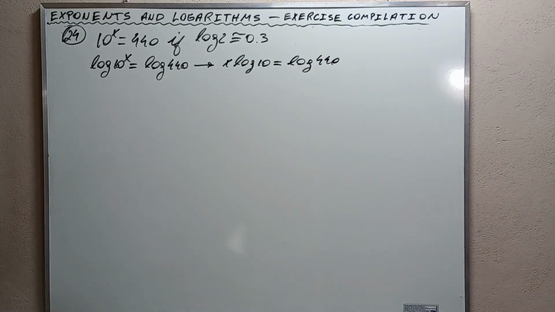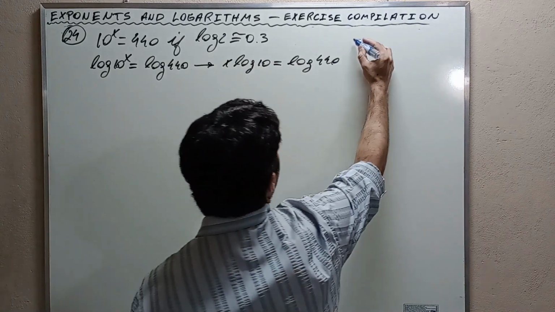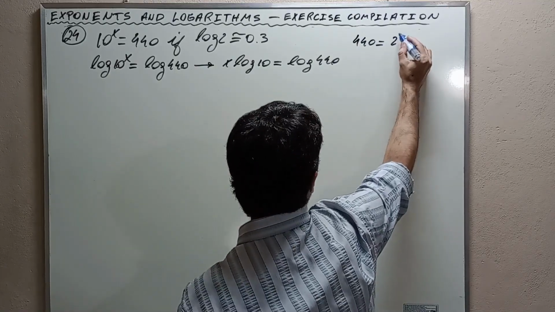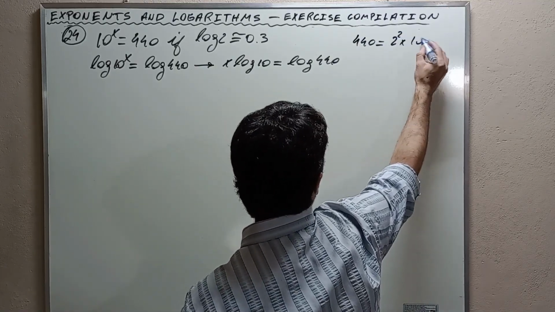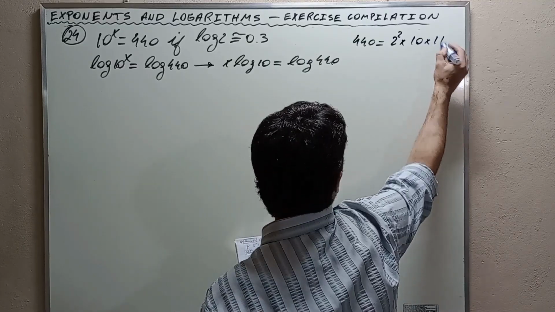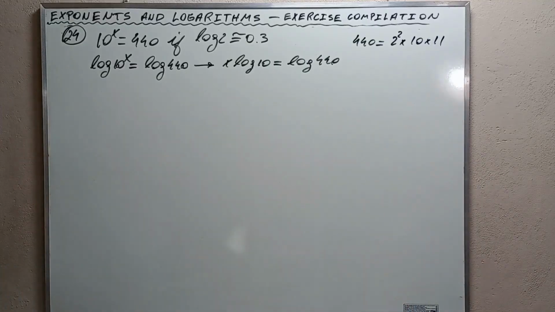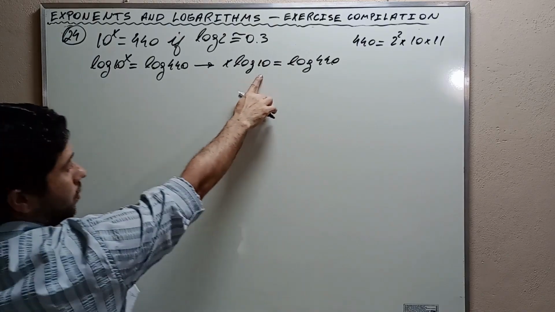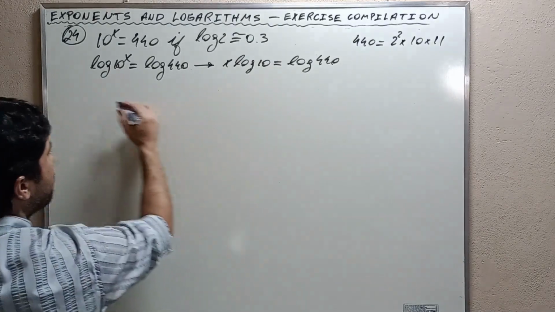And since 440 is equal to 2 squared times 10 times 11, okay, you can check it. We are going to have that the logarithm of 10 base 10 is 1.